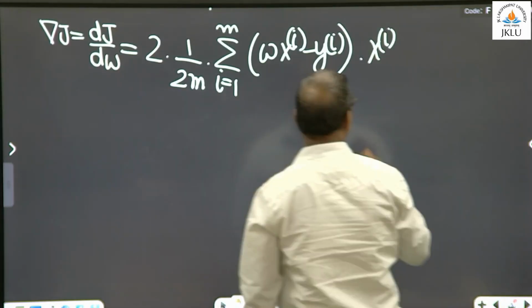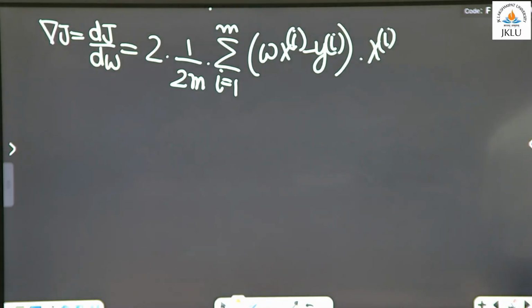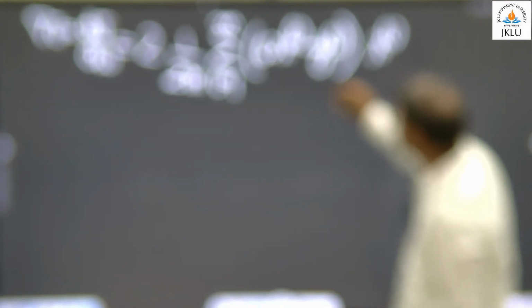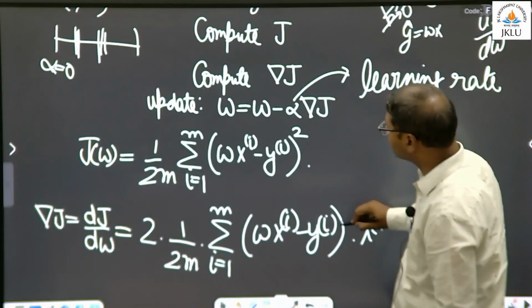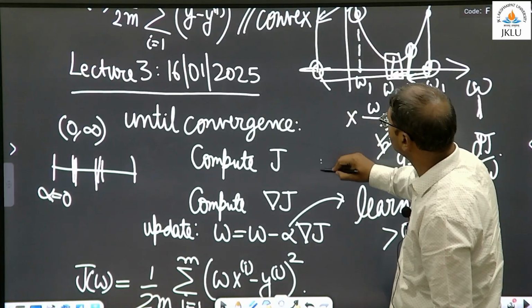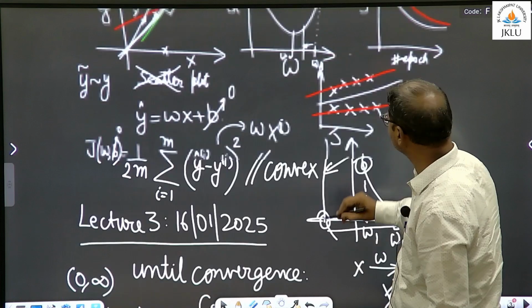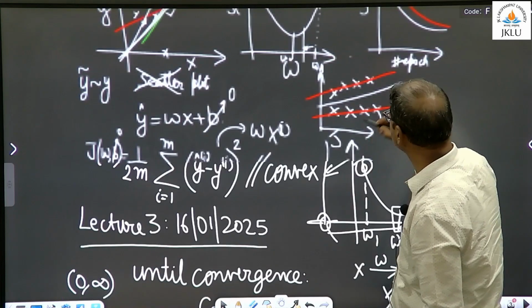Okay, now I want to increase the dimensions. So what will be the end result of this whole exercise? Once you have reached a W, what happens to these curves, these three curves?